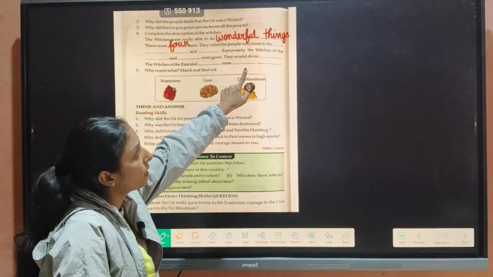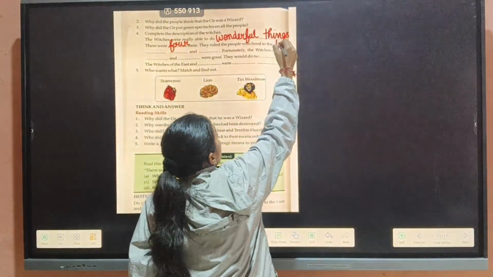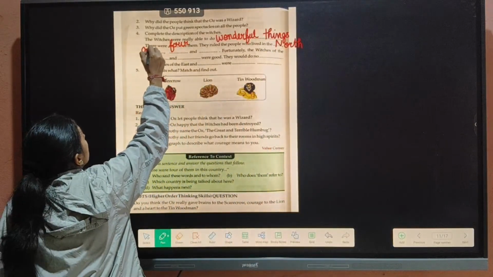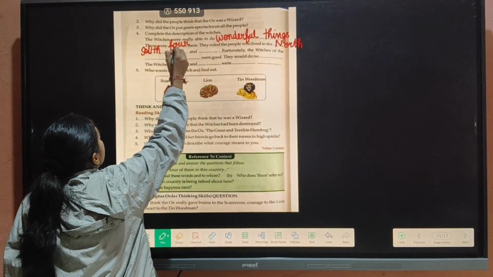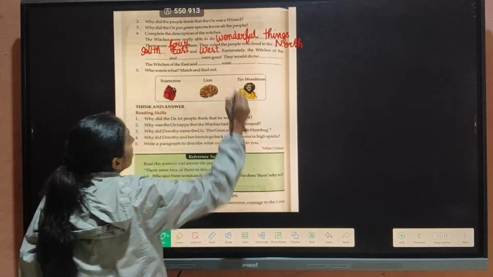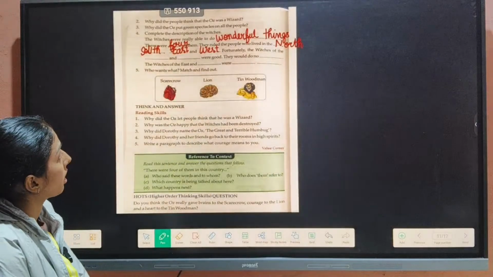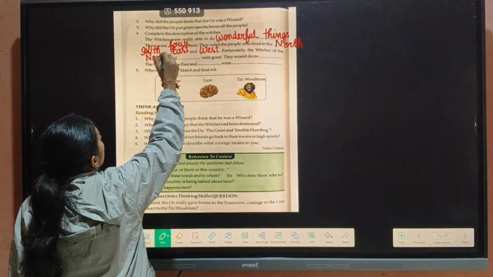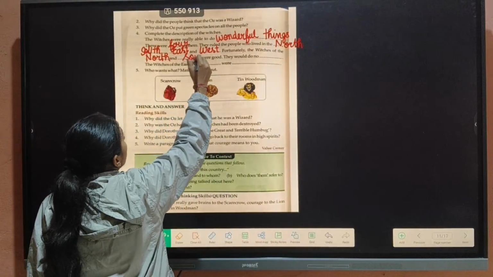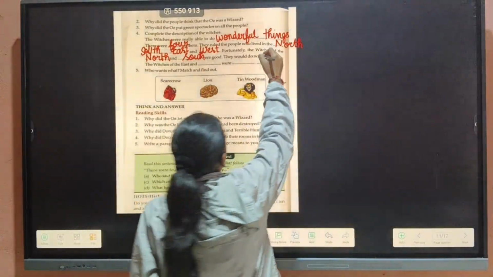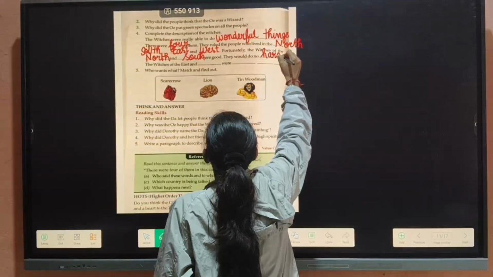They ruled the people who lived in the north, south, east and west. Okay. Fortunately, by good luck, the witches of which ones were good? North and south were good. Okay. They would do no harm.